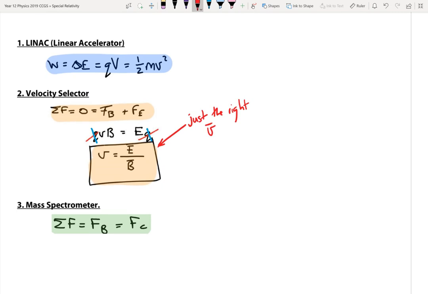And we can make magnetic fields, electric fields up in the order of 10 to the 4, 10 to the 5. You can have a high voltage across a small region. That's easy. So all you need to do, on the side of your machine, you have an electric field dial, crank it up. You have a magnetic field dial, drop it down. You can vary it so that I know that all the particles are going to travel through at that velocity equal to E over B.